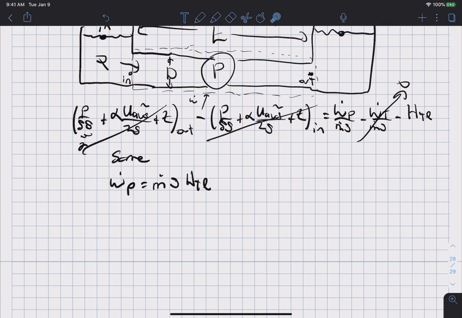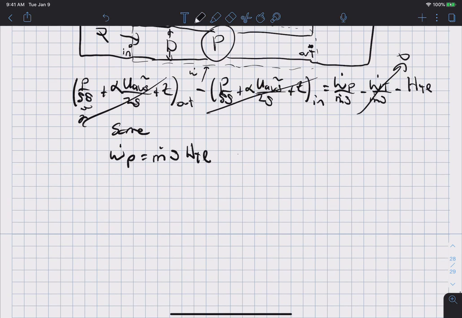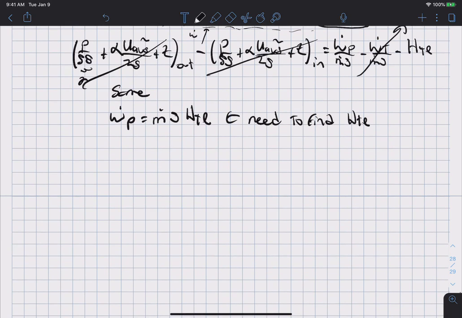All of that power, every last ounce of horsepower, is going into viscous flow losses. All of it. And so we need to find HTL, and the head loss equals the head loss due to major losses plus the head loss due to minor losses.